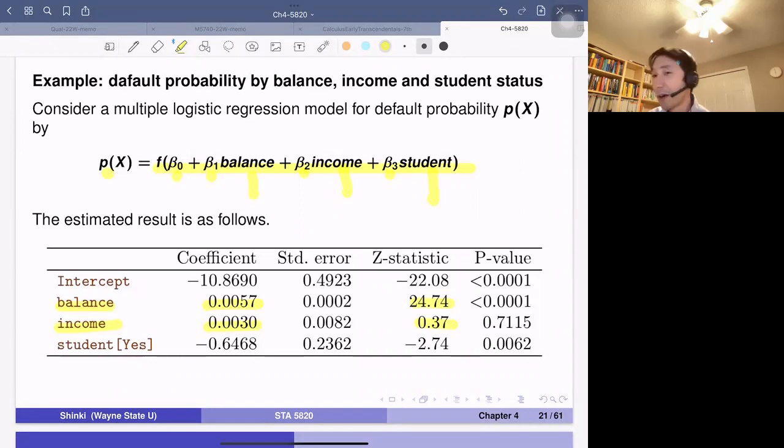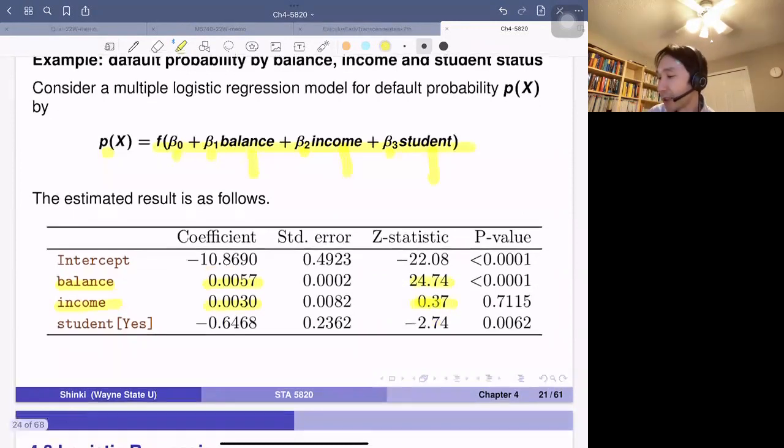Americans, if they get $1 million, may use $2 million by borrowing $1 million more or something like that. So higher income, higher default probability, that's possible. But actually the z-value is really small, so the coefficient is very close to 0, and it is not significant at all.